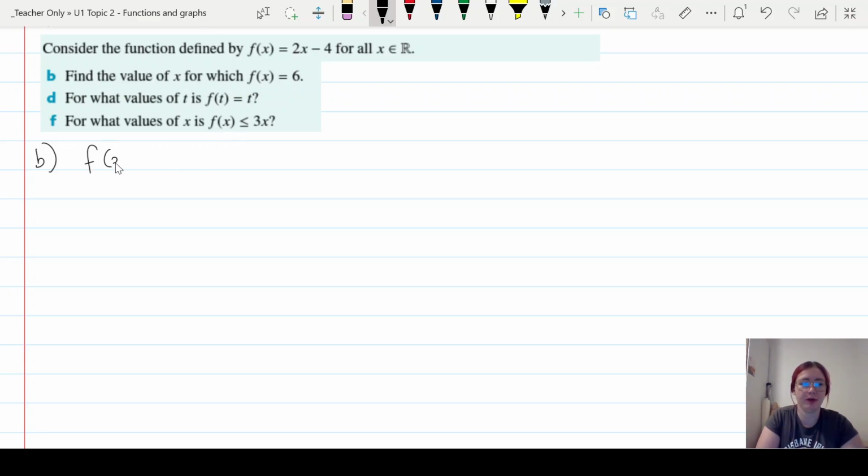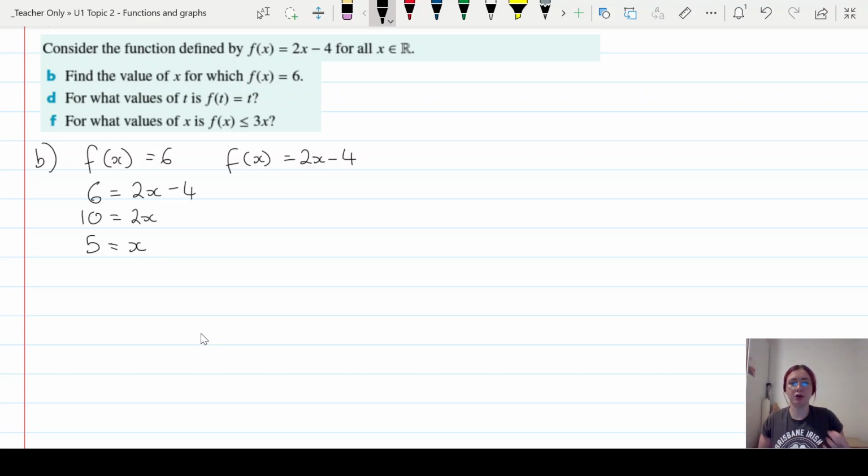So if f of x equals 6 and f of x, as it says above, equals 2x minus 4, then we know that 6 equals 2x minus 4. From there, it's just simple rearranging. So 10 equals 2x, 5 equals x. So the value of x for which f of x equals 6 is 5.